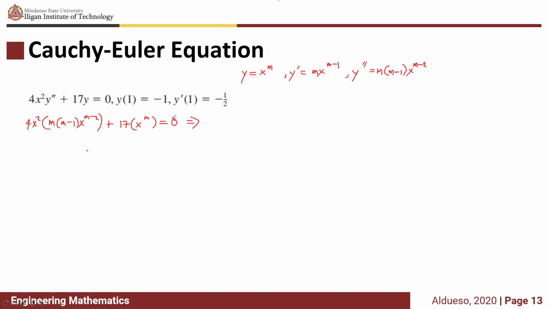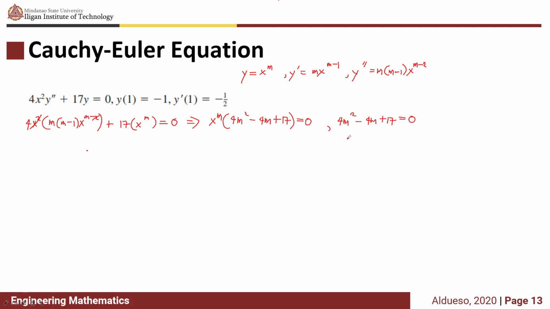Combining like terms and factoring out x to the m, we have x to the m times 4m squared minus 4m plus 17 equal to 0. Our auxiliary equation is 4m squared minus 4m plus 17 equal to 0.